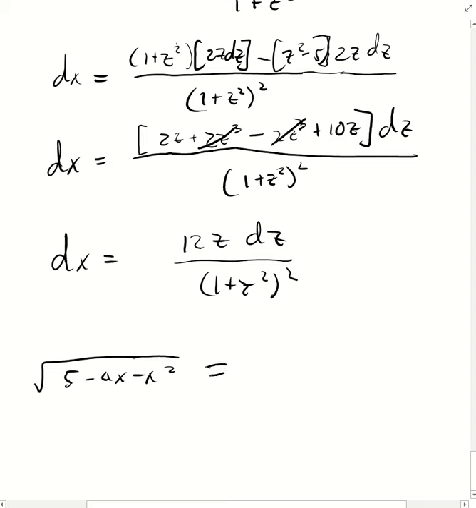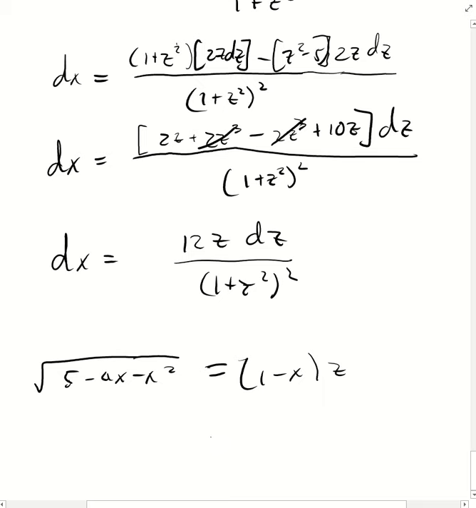And this will be equal to 1 minus x times z, because 5 minus 4x minus x squared is 1 minus x squared times z squared. So if we take the square root, we only have 1 minus x times z.